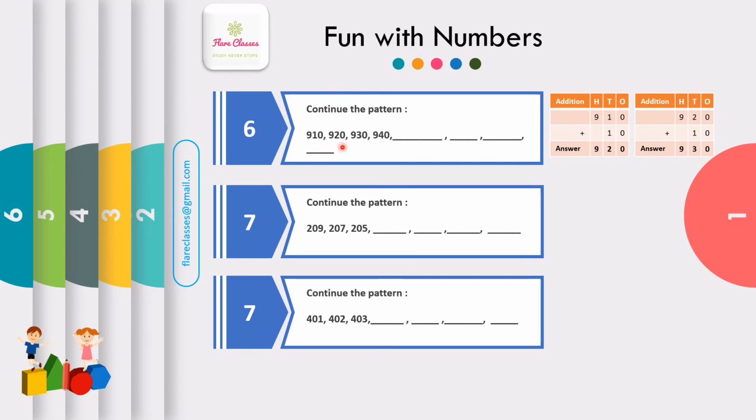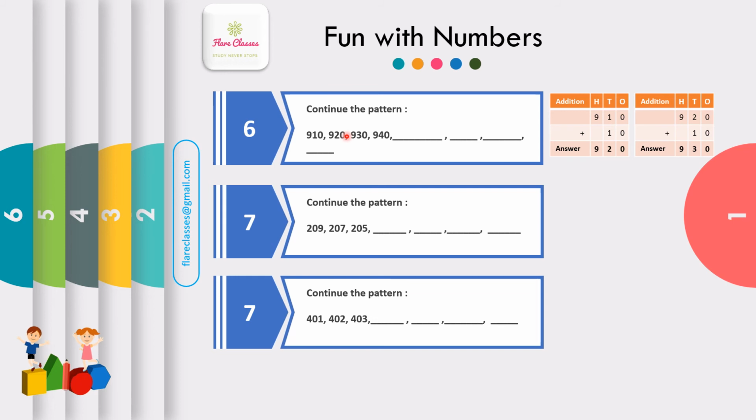Second number is 920. Third number is 930. Fourth is 940. We can see clearly that in 910, when we add 10, new number becomes 920. In 920, when we add 10, new number becomes 930.